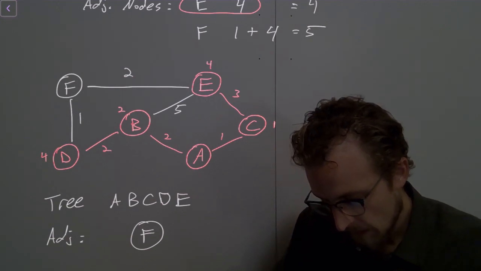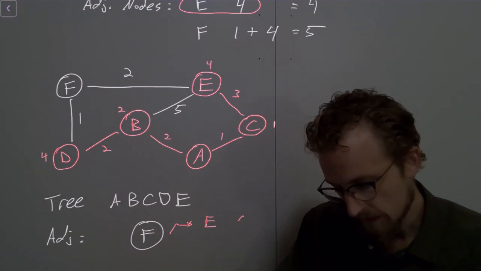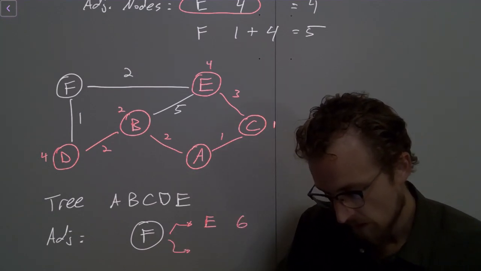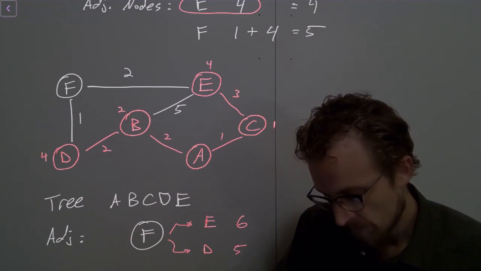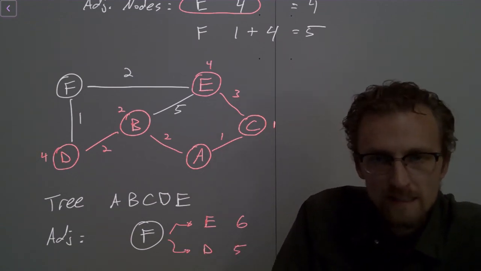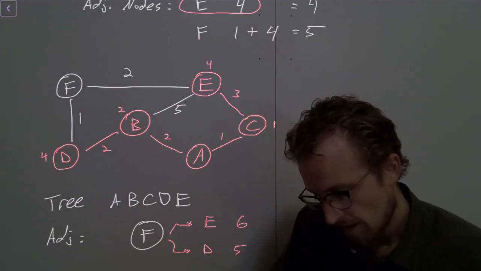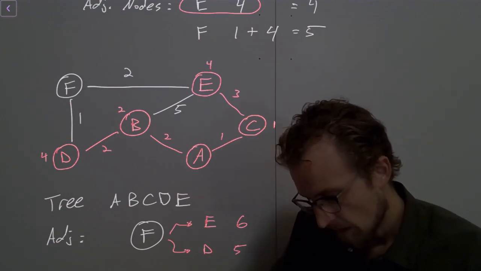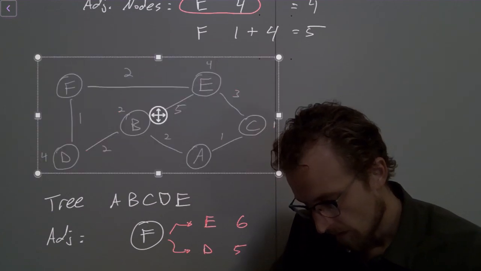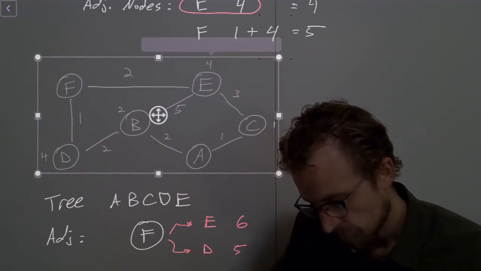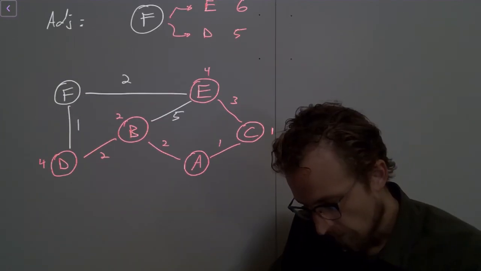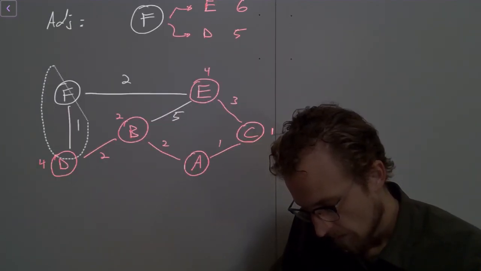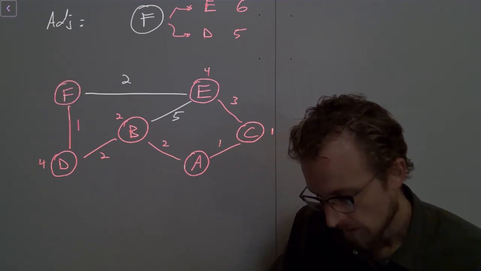So F can either connect to A through E, which would give it a shortest path of 6, or it could connect to A through D, which would give it a shortest path of 5. So the one that it connects to A through is D, right? That's the smallest, and so what we have in the end is our final tree. Our final tree adds that edge, and that's what we have.